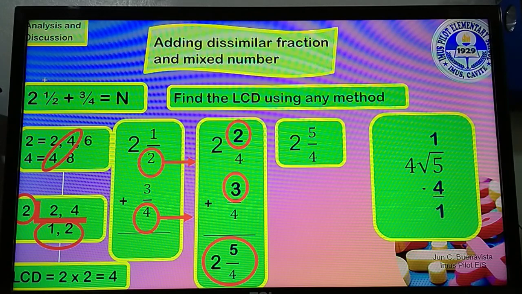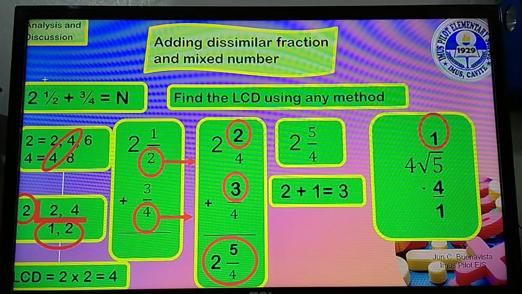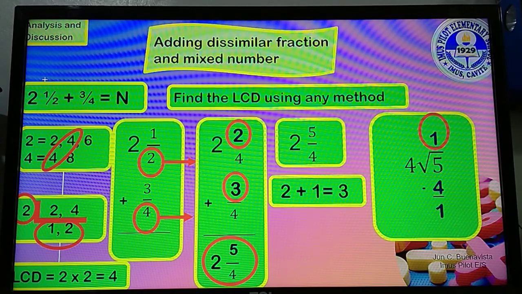Now, our quotient is 1. That quotient, we are going to add to the whole number, which is 2 plus 1 equals 3. Because we add the quotient 1 to the whole number, which is 2, that is 3.